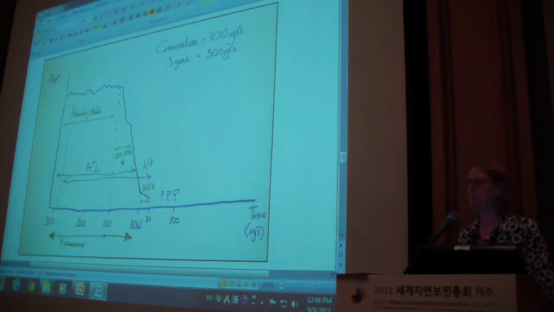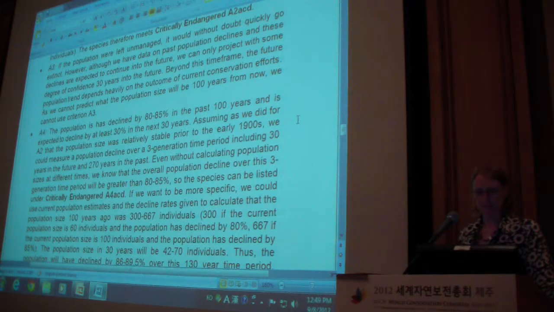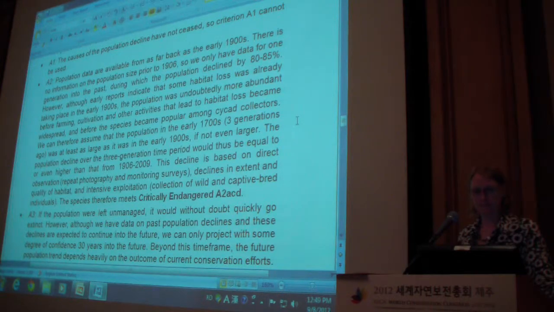I just wanted to make one more comment. In this here, we said that it was listed under A2 and 4, A, C, and D. And other people have argued in other workshops that it should be under subcriterion B for the index of abundance, or they say just C and D, not A. When you're listing the species under criterion A, the really crucial bit is whether you used it under A2, A3, or A4.